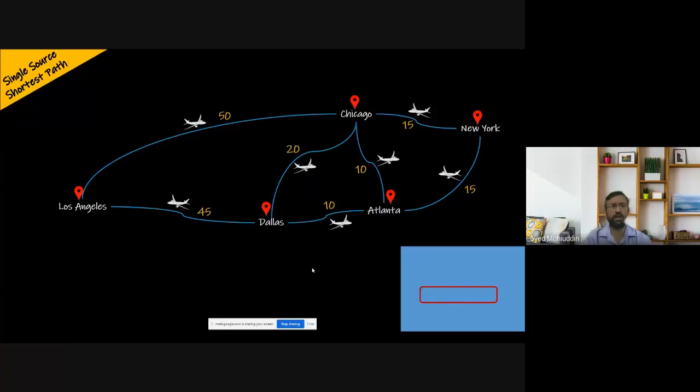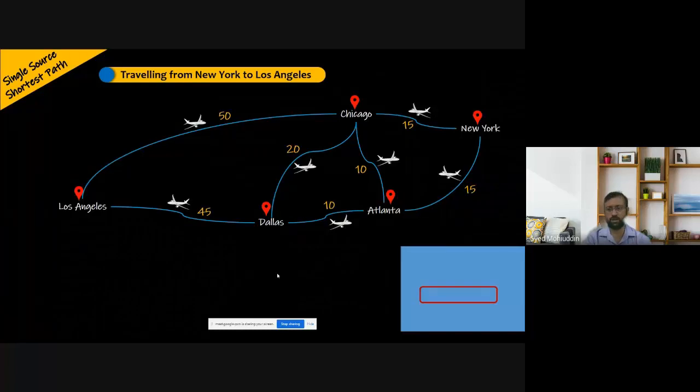So this is basically a graph, and the single source shortest path problem is a graph problem. What we need to solve is to find the single source shortest path. What it means is we need to find, from some vertex, the shortest path to reach other vertices.